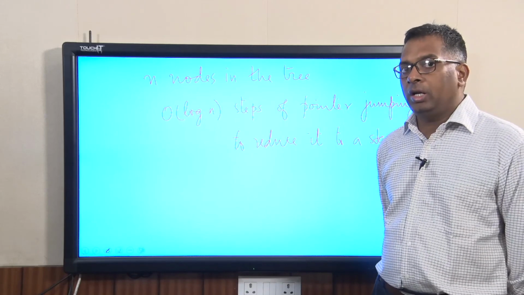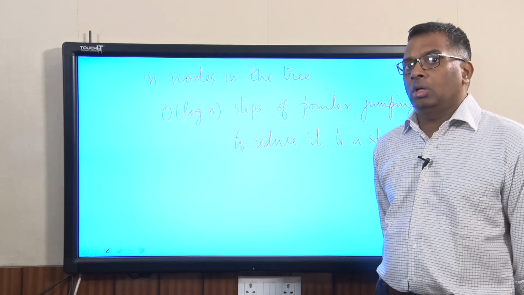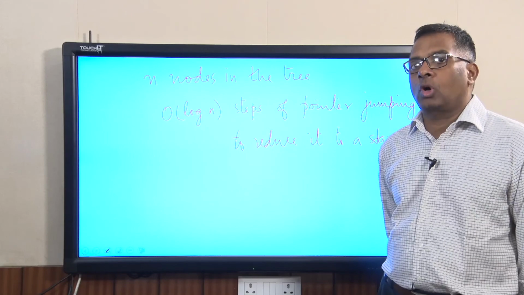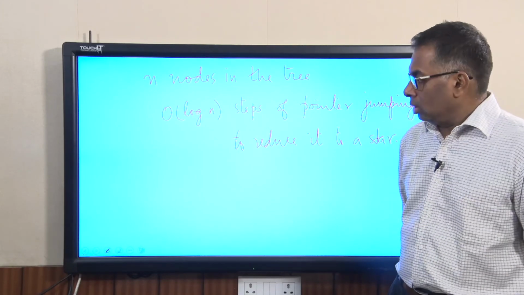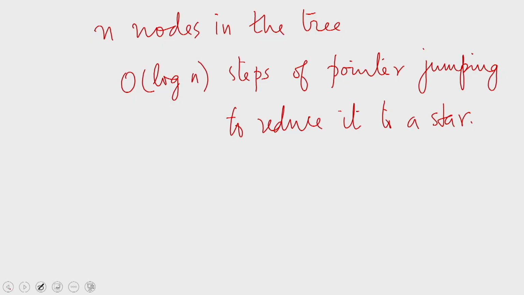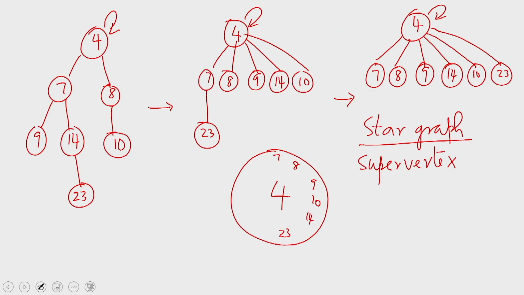They have essentially identified themselves with the root. Now, those vertices are all going to lose their identity. They will all be renamed with the name of their root. For example, 7, 8, 9, 10, 14 and 23 have gone and fused with vertex 4. Therefore, now they do not have separate identities, all of them will be renamed as 4.